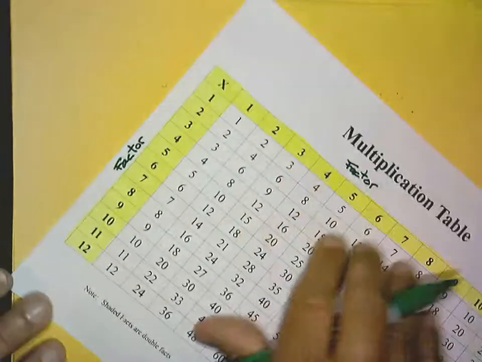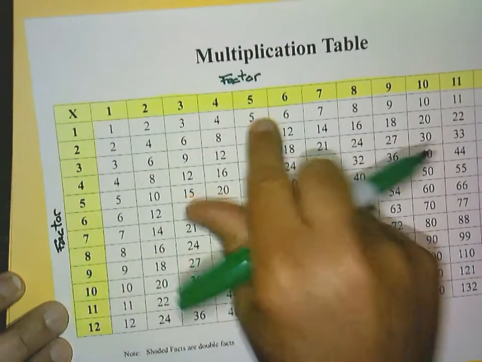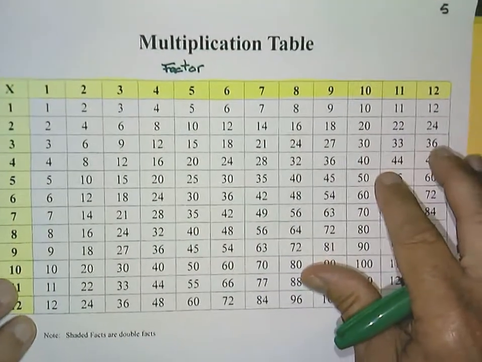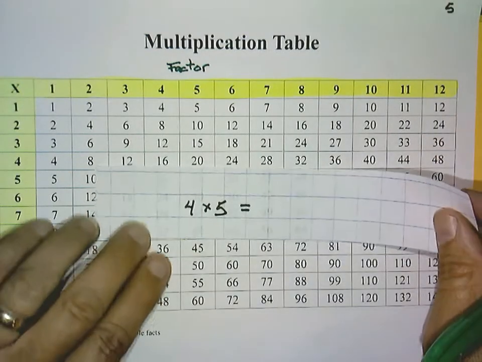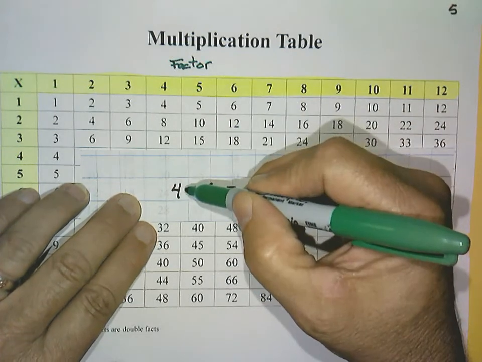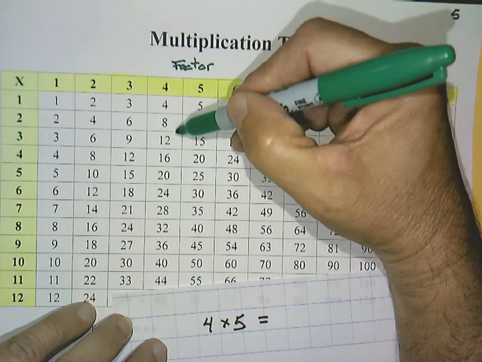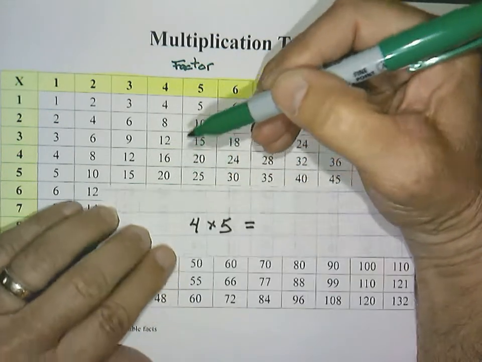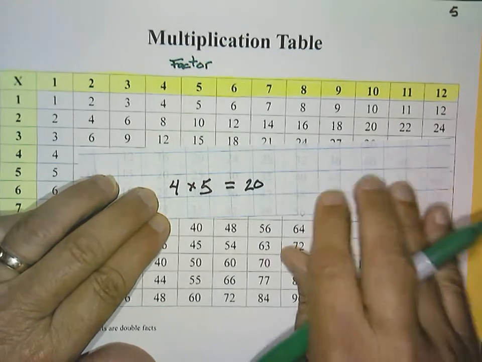So in other words, you are multiplying, you have your factor times your factor. Different ways that you can use multiplication tables are really handy, but let's just do a couple of problems. 4 times 5. So our first factor is 4. I'm going to find the 4. I'm going to go 1, 2, 3, 4, 5. So 4 times 5 is 20.